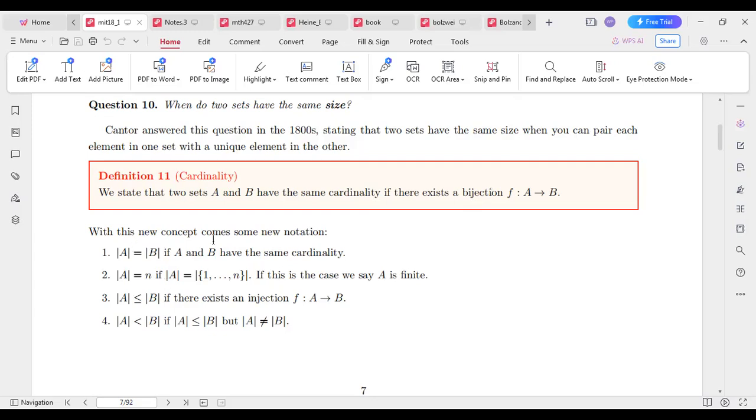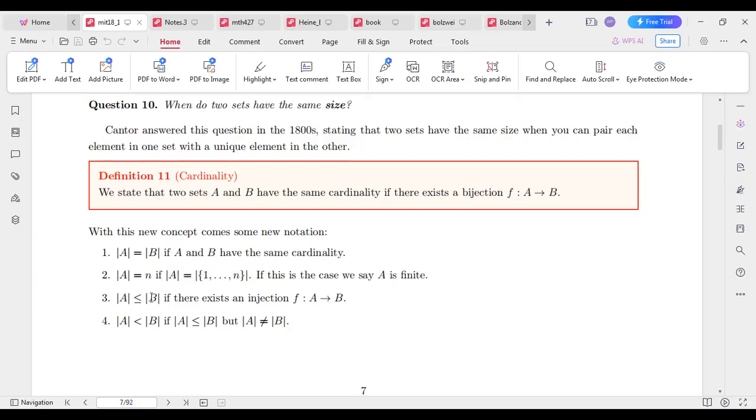So this new concept comes with some new notations. Cardinal of set A equals cardinal of set B if and only if A and B have the same cardinality. If the cardinal of A equals n, that is A is 1, 2, dot dot, n, then A is finite.